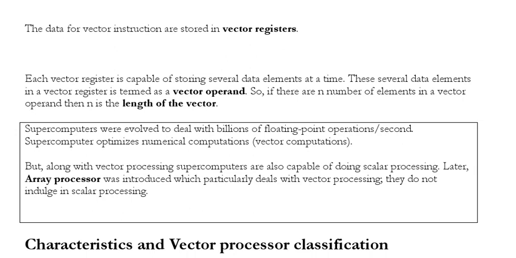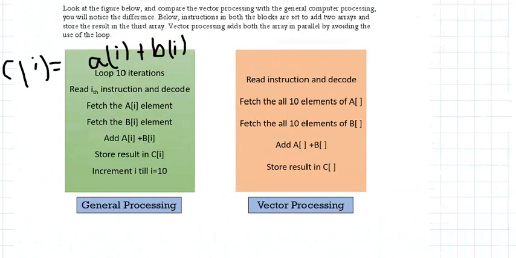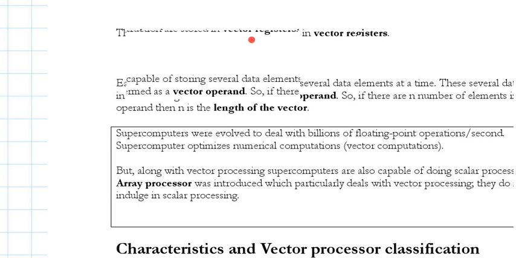So, if you recall the previous example, you can see that actually 10 elements have been fetched in a single go. This instruction is actually a vector type of instruction. So the data related to this instruction will be stored in vector registers, as it is mentioned here. Each vector register is capable of storing several data elements at a time.